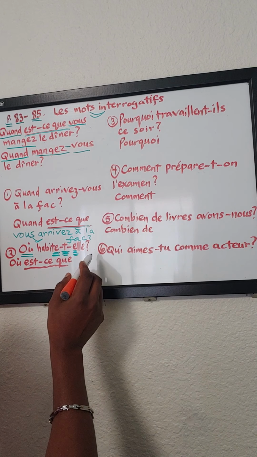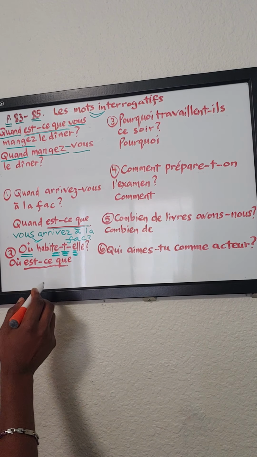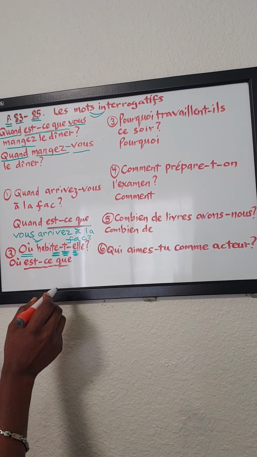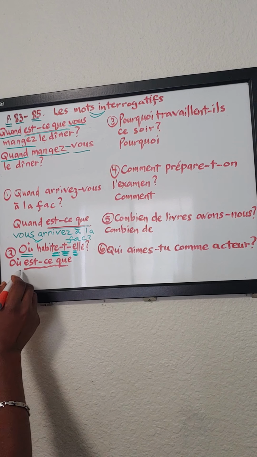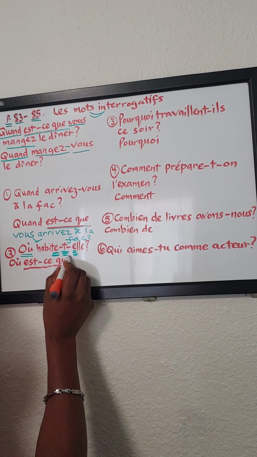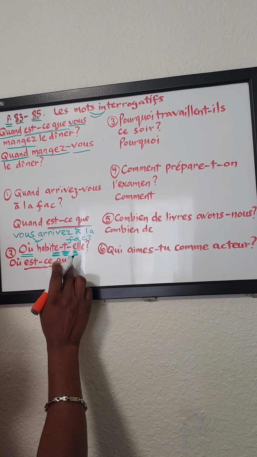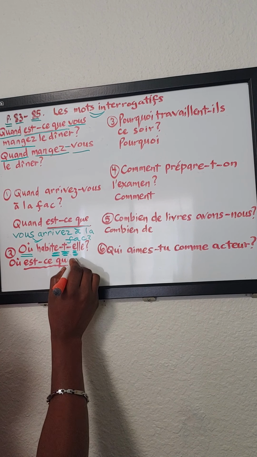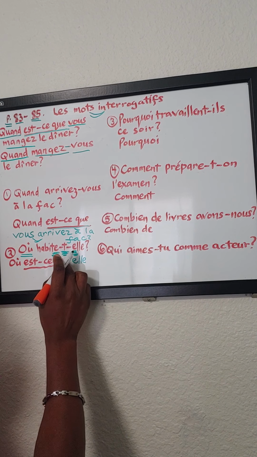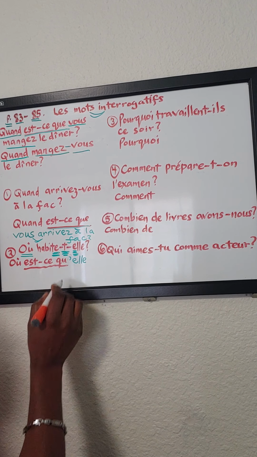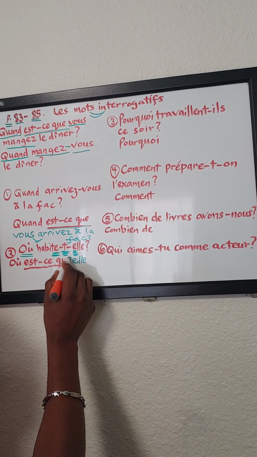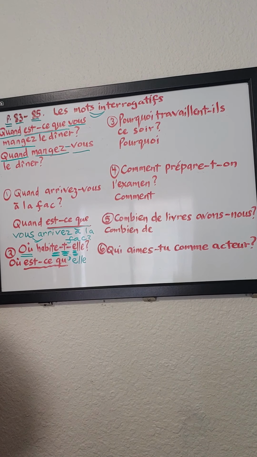Où habite-t-elle? Okay. Now change the same question using est-ce que. So here, où est-ce qu'elle, because you have this E and then the L, you will drop the E that ends the est-ce que and put your apostrophe there.